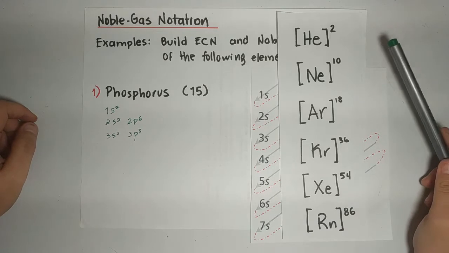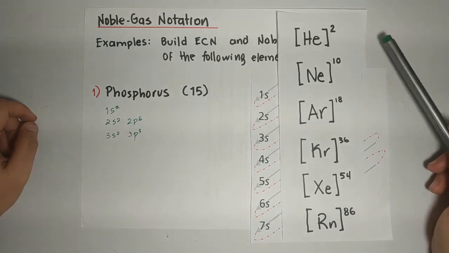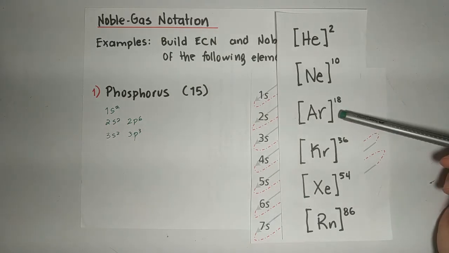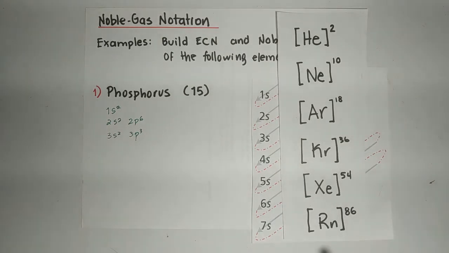In this case, helium has only 2 electrons because it's number 2. And for example, argon has 18. And all these elements, except for helium, accomplish the octet rule.